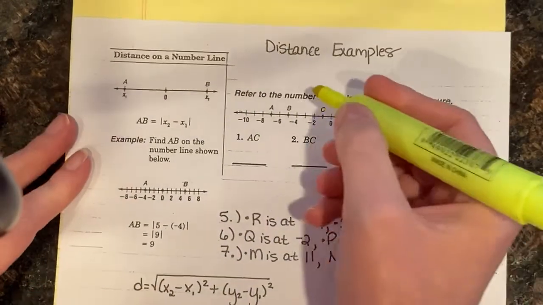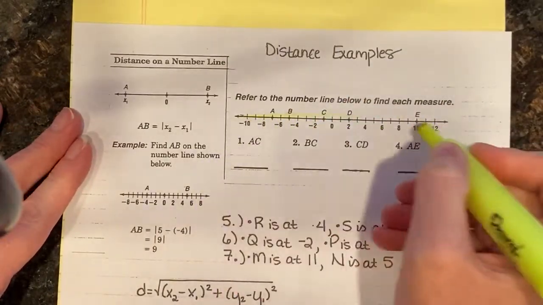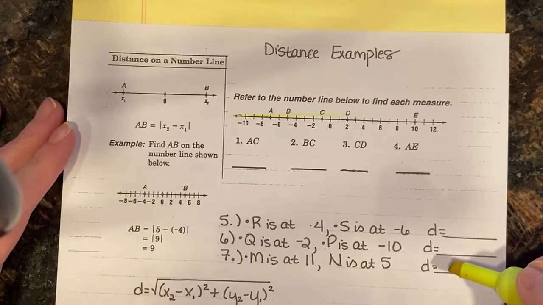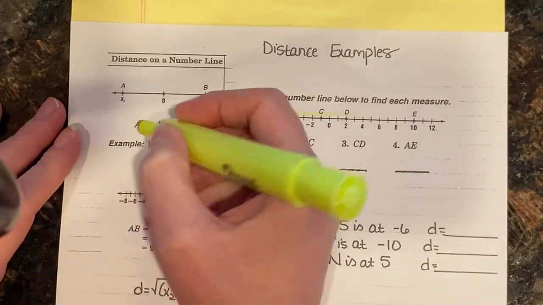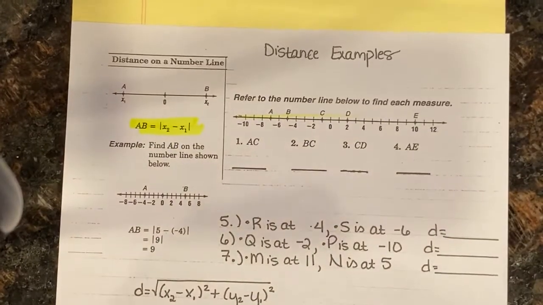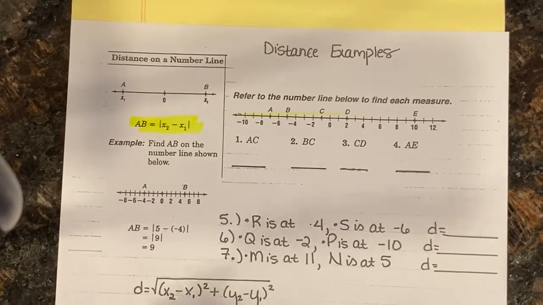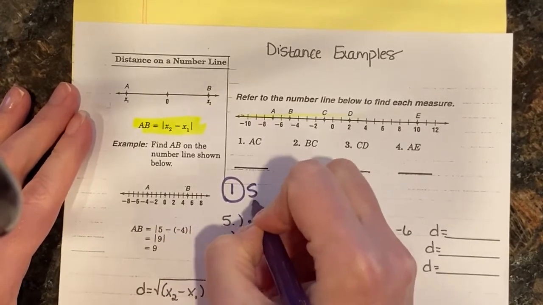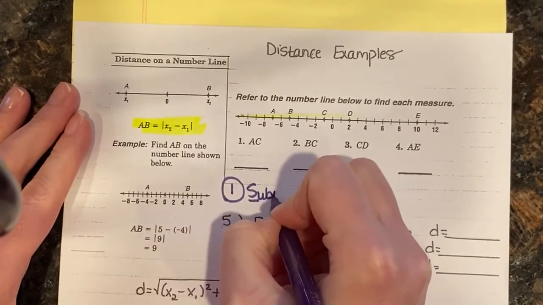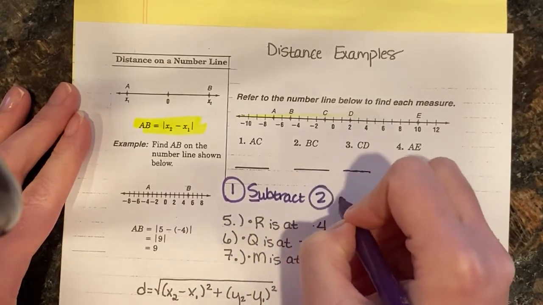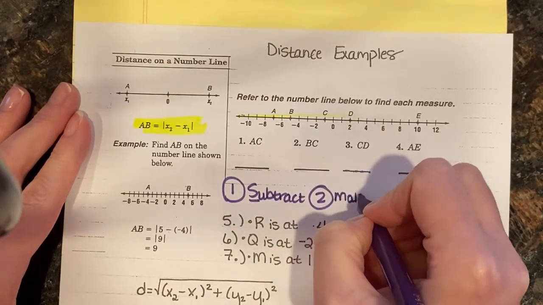So that's good. Now again, guys, remember this is your number line. So when you're doing the number line, it's real simple. This is the formula over here. But basically, all you have to do, I'm going to write it here. It's always subtraction. Subtract the two numbers, make the answer positive.